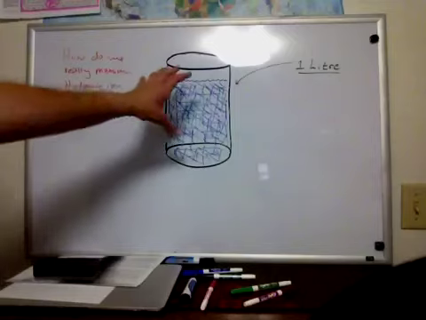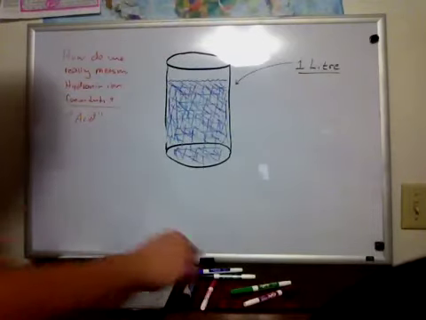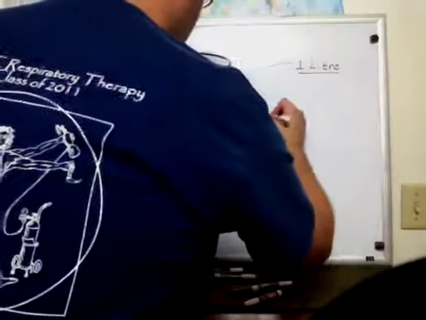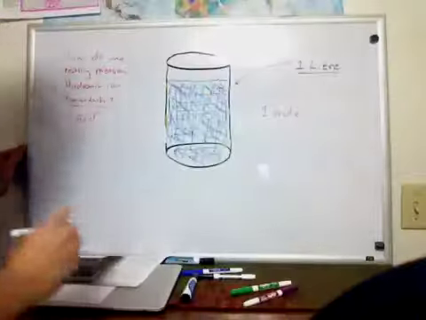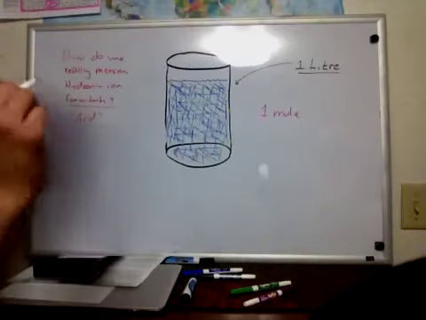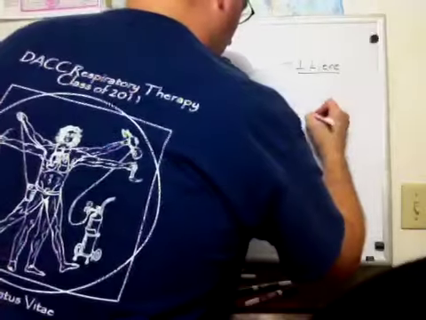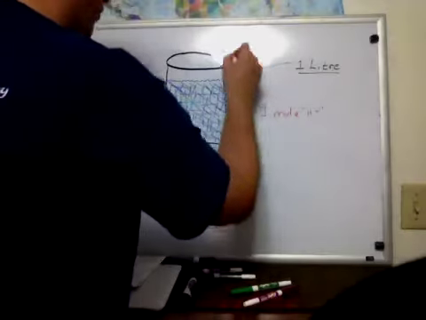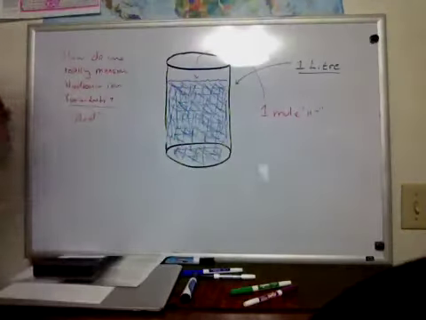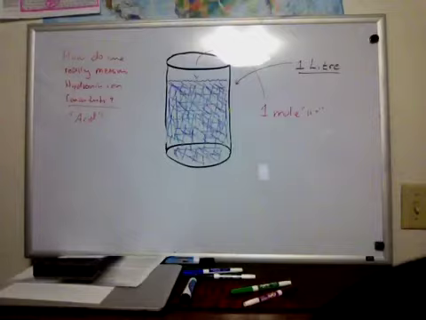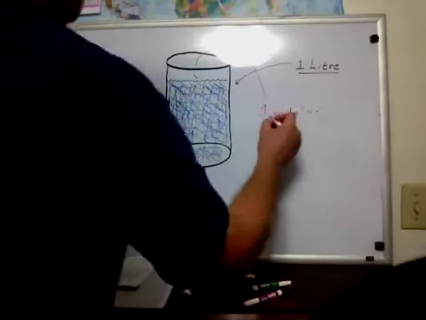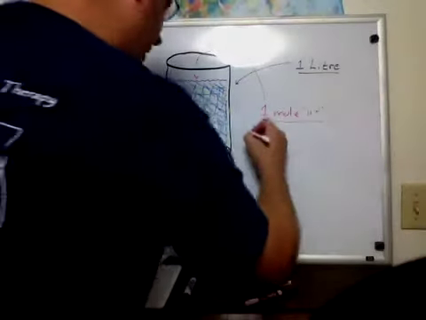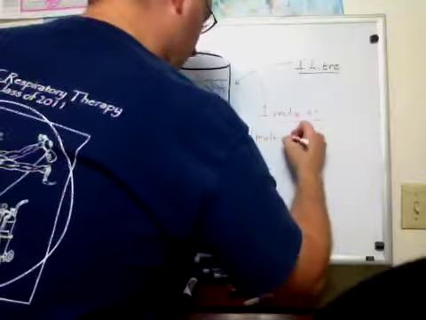So if I were to put 1 mole of hydrogen, and now let's change it a little bit, let's not make it hydrogen, let's make it hydrogen ions. 1 mole of hydrogen ions, and I dump them into that container, and of course they'll rather quickly become hydronium ions. But if I were to put 1 mole of hydrogen ions in there, I'd have a concentration of 1 mole per liter.